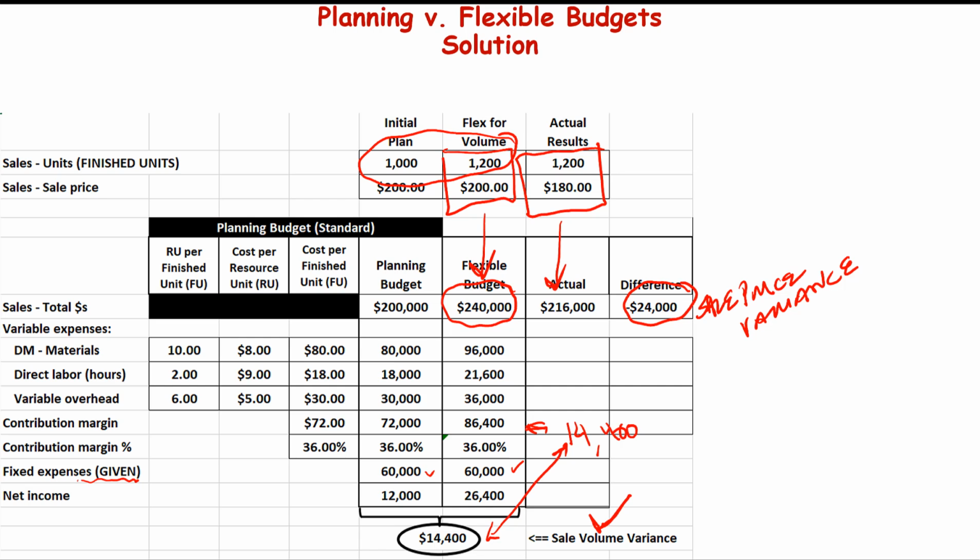The difference between these two is negative 24,000, right? So that's a bad thing. Why? Because the sales that we actually got, 216, are not as high as what we'd expected. So we fell short of that flexible budget expectation.